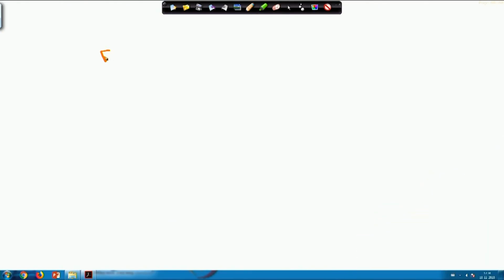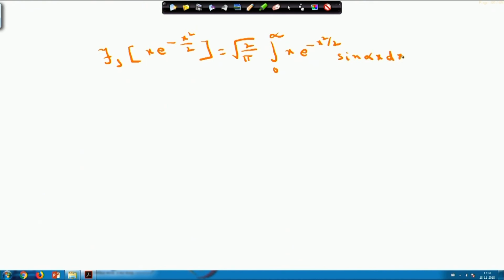So, let me denote it like this: the Fourier sine transform of x e^(-x²/2). This is equal, from the definition, to root over 2 by pi, integral from 0 to infinity of f(x), so x e^(-x²/2) into sin(αx) dx.